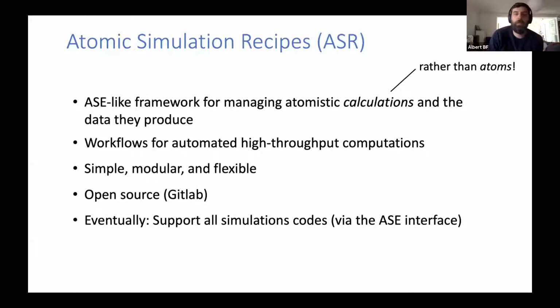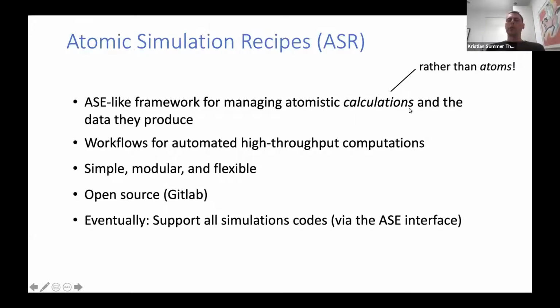Now I'm going to switch to ASR. And ASR, Atomic Simulation Recipes, is an ASE-like framework. So it's similar to ASE. It's inspired by ASE in many ways. It's also using the ASE quite a lot for managing atomistic calculations and the data that they produce. So the difference to ASE is actually here, right?